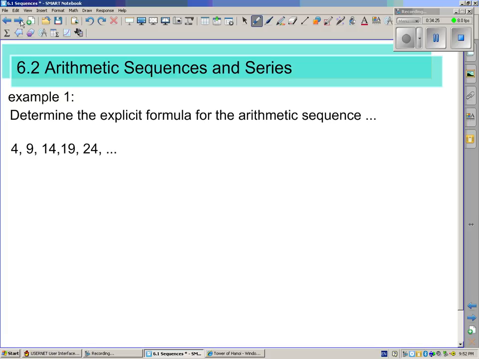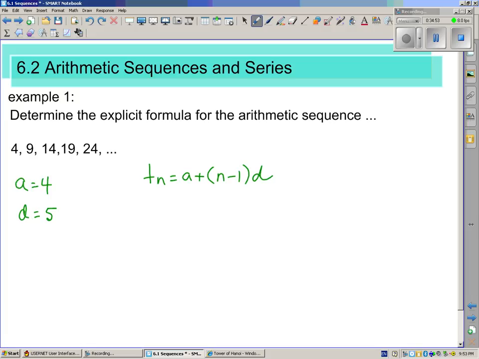Well, here's our formula. Same one since grade 10. What information do we know? Well, we know A is 4. We know D is 5. I'm adding 5 every time. Do you want to know how many terms are in the sequence? No, these ellipses say and so on.